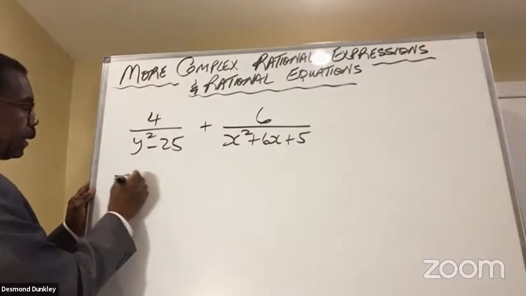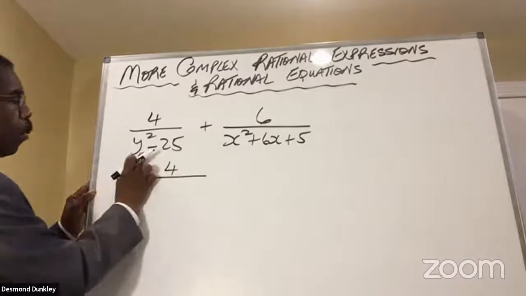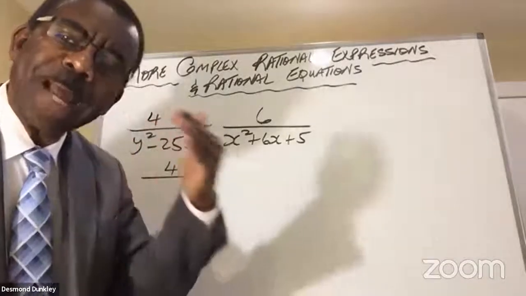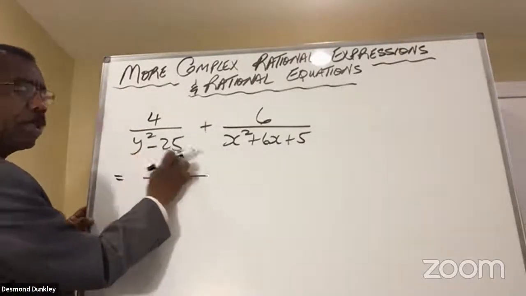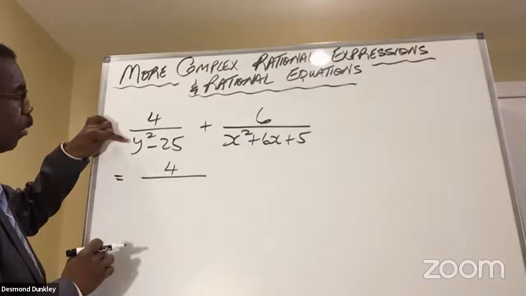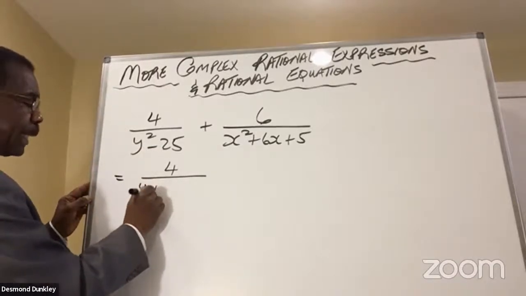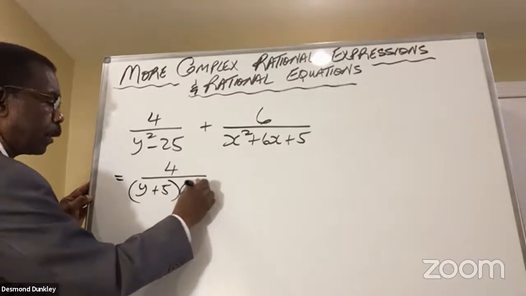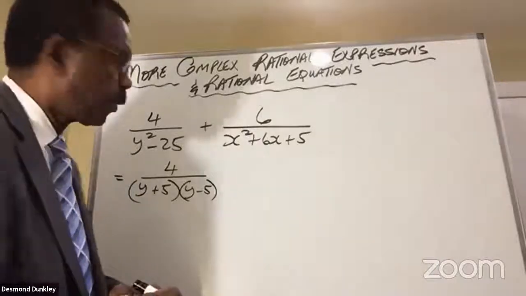We say this is equal to 4 over y squared minus 25. We already learned how to factorize. We realize this is a difference of squares. It's actually y squared minus 5 squared, and that is one of the classic factorizations for difference of squares. This was covered in a previous session, a previous tutorial.